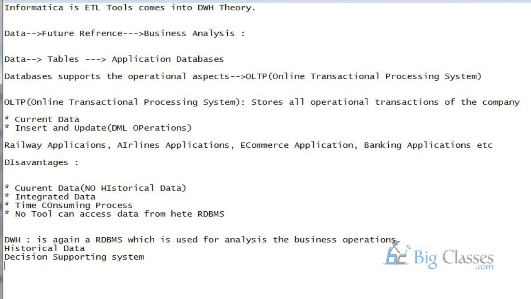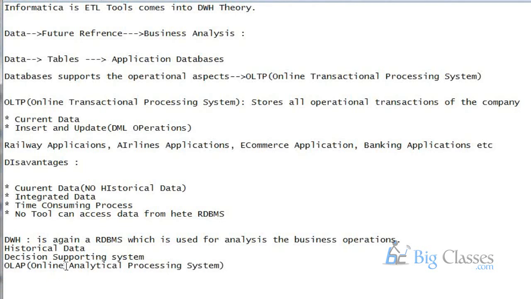So that is the reason a data warehouse is called an OLAP database. OLAP is nothing but online analytical processing system. Unlike OLTP, the data warehouse is called an OLAP database, online analytical processing system.